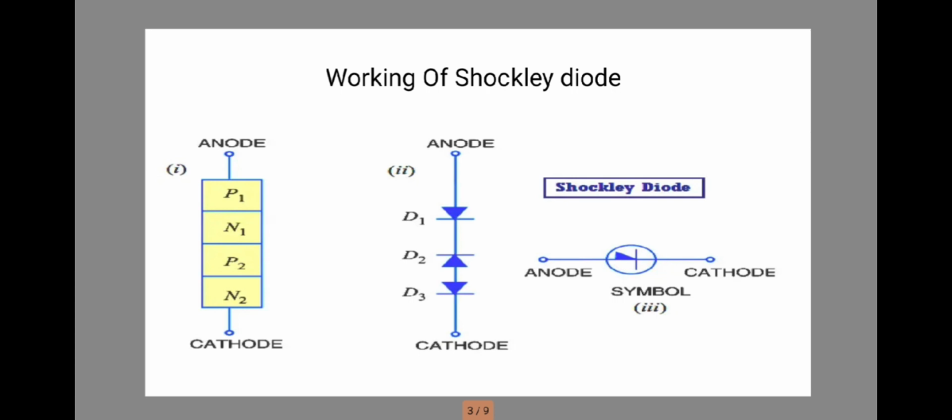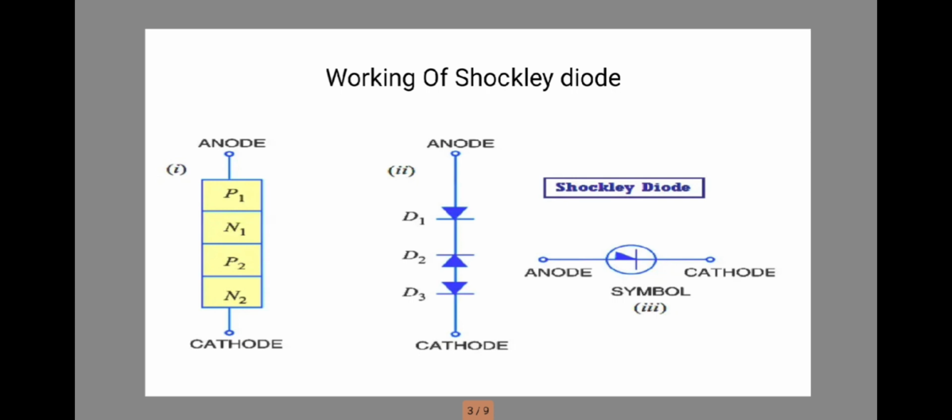When the Shockley diode is forward biased, the anode is positive with respect to the cathode, diodes 1 and 3 would be forward biased while diode 2 would be reverse biased. Since diode 2 offers very high resistance being reverse biased and the three junctions are in series, the Shockley diode presents a high resistance. As the forward voltage increases, the reverse bias across D2 is also increased.